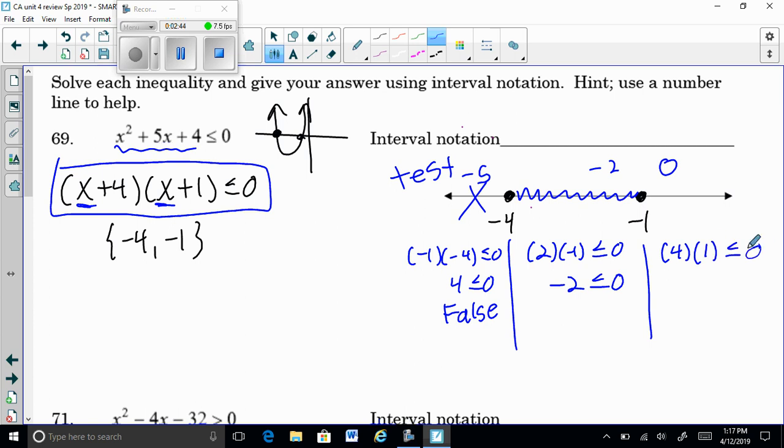Is that less than or equal to 0? No, 4 is not, so that's false and we don't shade. By the way, the middle one was true. Write that down. To convert this to interval notation, it's from -4 to -1, and bracket those in.